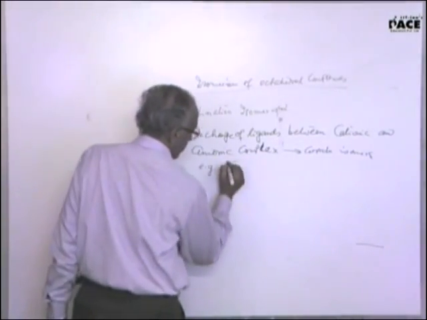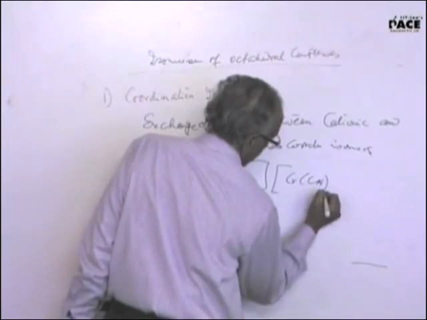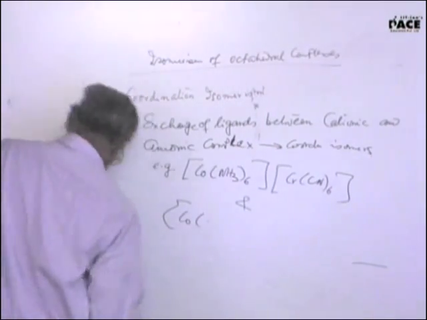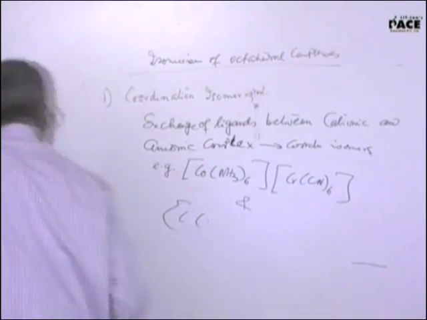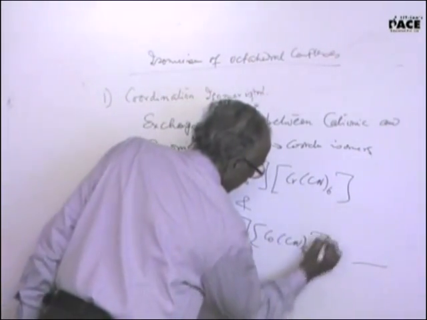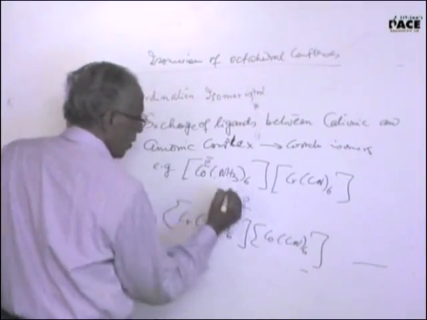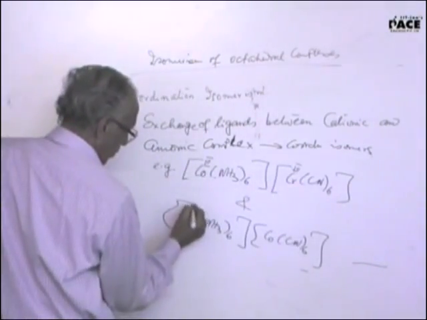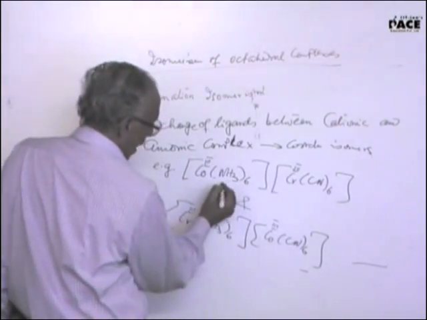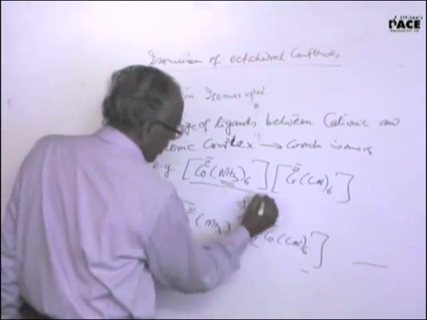Example. In the first case, ammonia was part of a cationic complex.